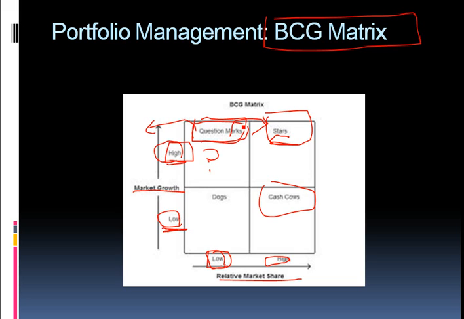What was the conclusion? What was their decision? They decided to invest more to acquire the online business company, DoubleClick. So their strategy is to make that online business a star. Okay, that is one example of portfolio management.